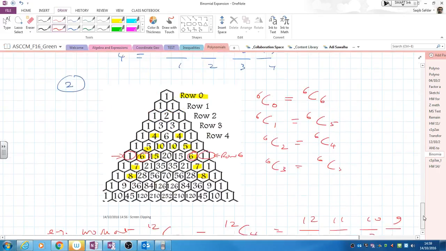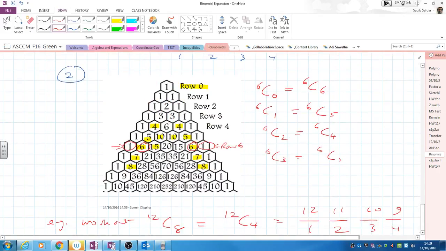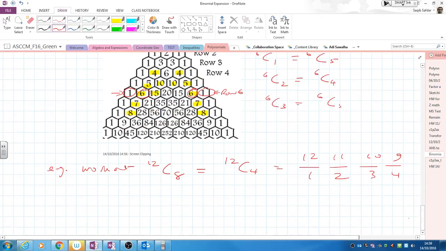Just one more thing, Laurentian, before I take your question: do you know the first term? So if I say give me the first 3 terms, pretend for n equals 5, the 5th row. So if I do 5C0, what am I going to get? 1.